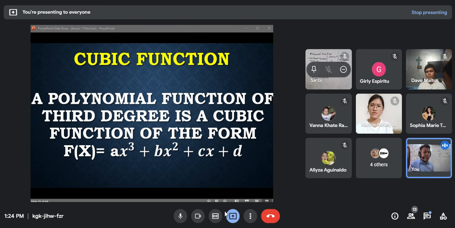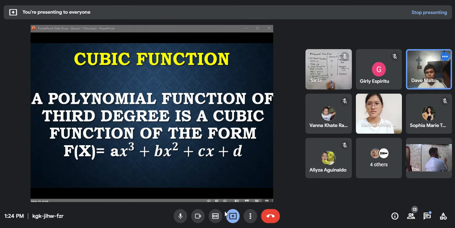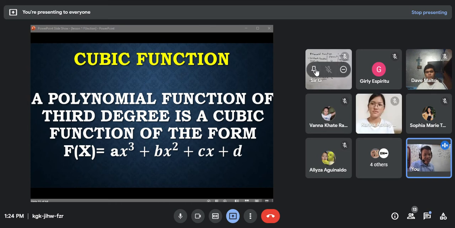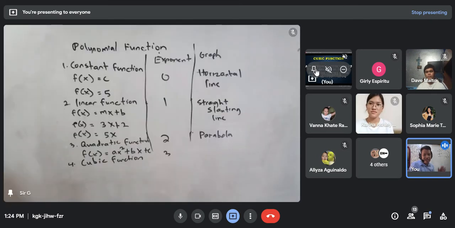So, ilan daw ang cubic function? Ilang degree of exponent? So, meron tayong 3. So, therefore, raised to 3 yan. X raised to 3. Basta ang pinakamataas dyan is 3. So, kumbaga, ang dali lang i-identify eh. Basta raised to 3 yan. Ang exponent niya is raised to 3.